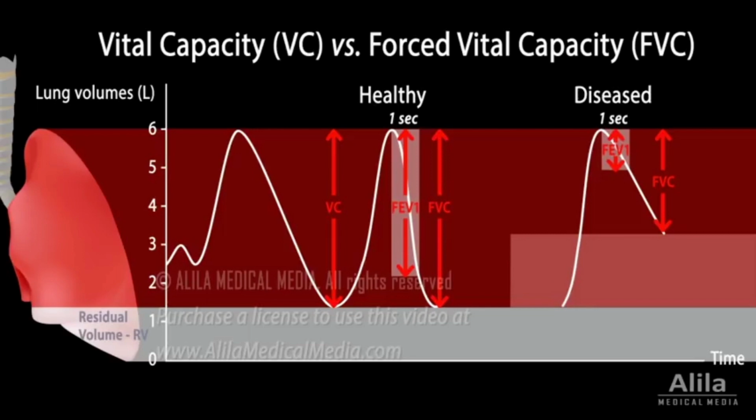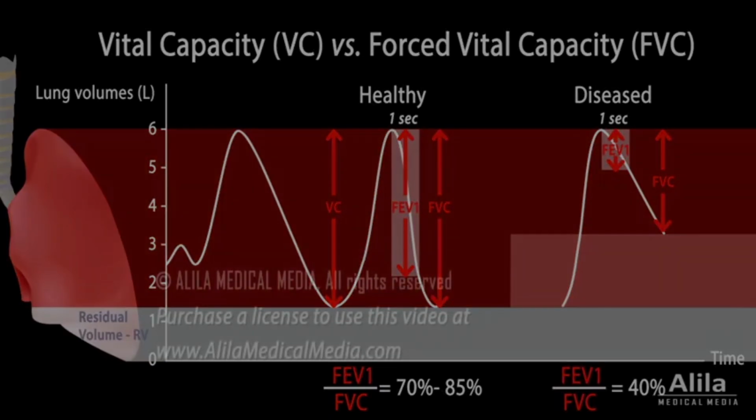FEV1 is used to calculate the percentage of air that is expelled during the first second. This FEV1 over FVC ratio inversely reflects the resistance to expiratory airflow. In healthy people, it is around 70 to 85%. A smaller number means increased lung resistance.